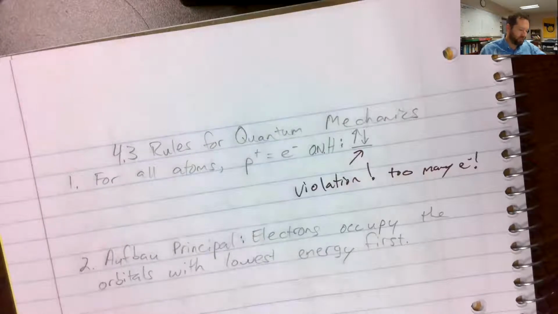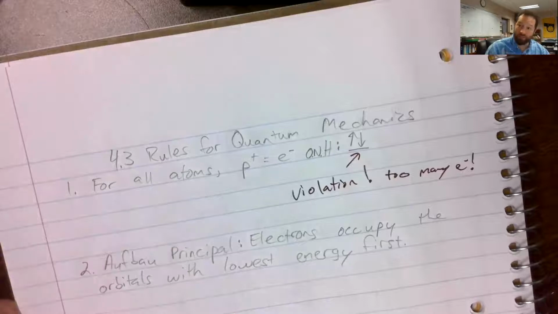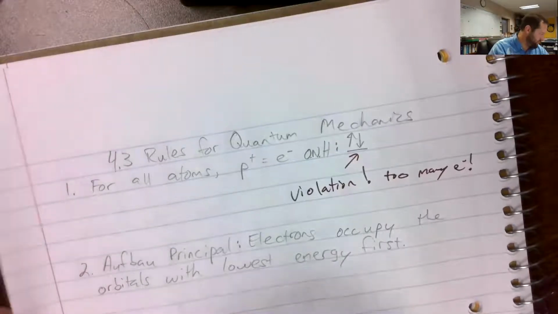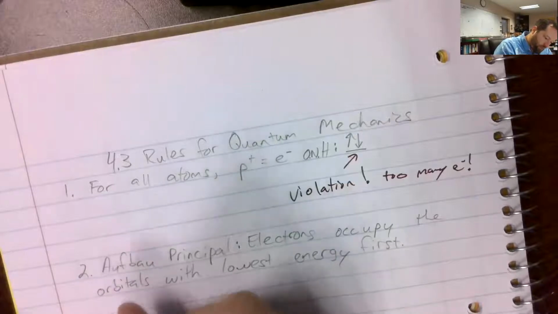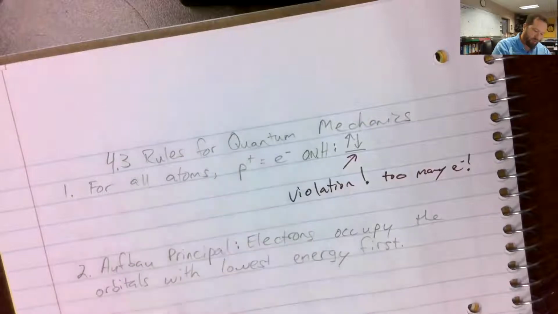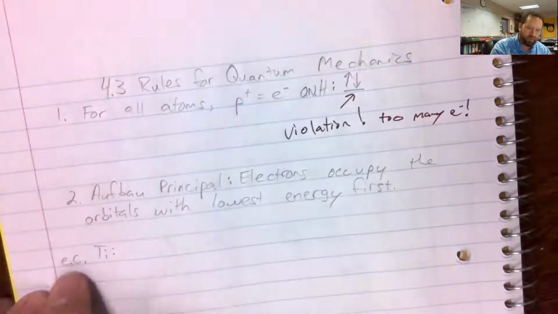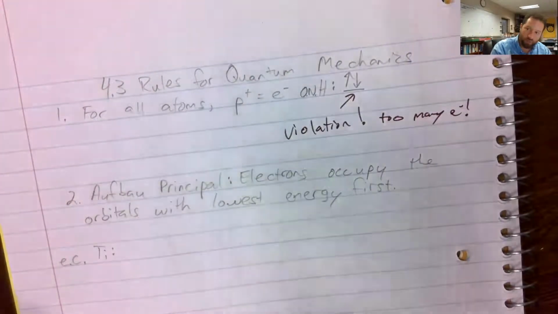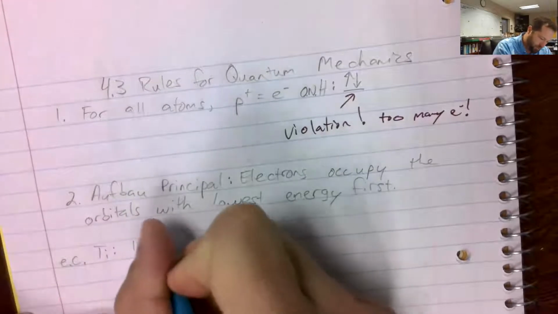So a classic example of a mistake on this one is skipping over the 4s when you go to 3d. So let's take a look at titanium, Ti, and I'm going to look at the electron configuration. Make sure you are thinking about the orbital notation and the electron configuration, two words you have to keep track of. So 1s2, they all start off 1s2 except for hydrogen.